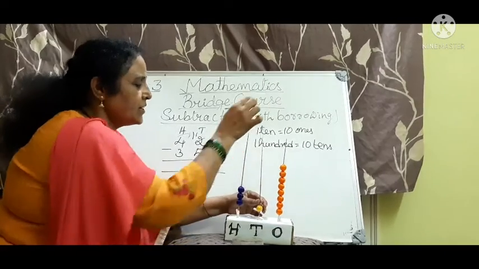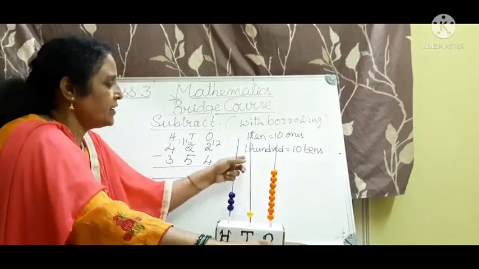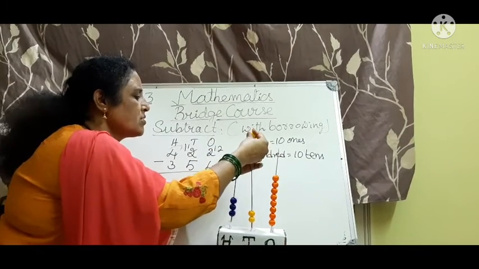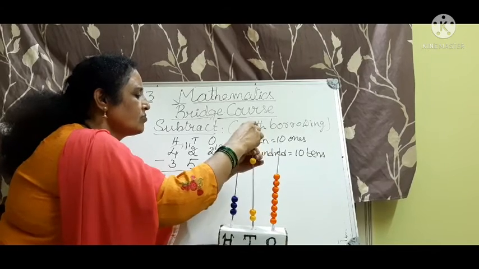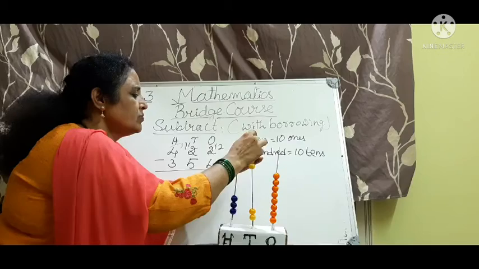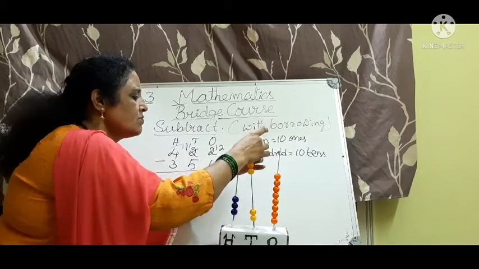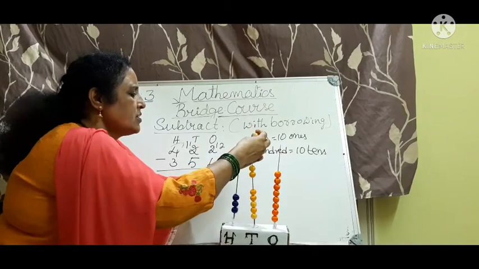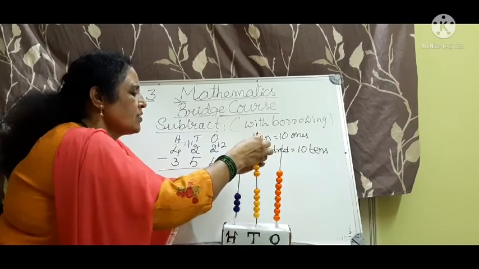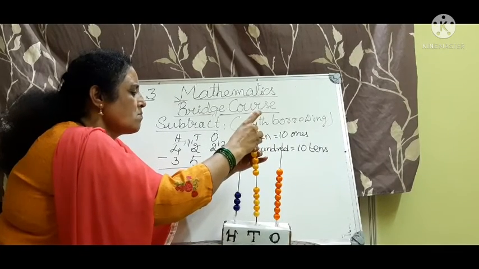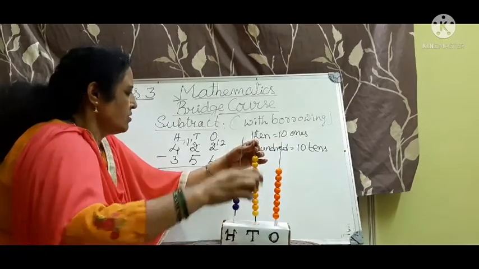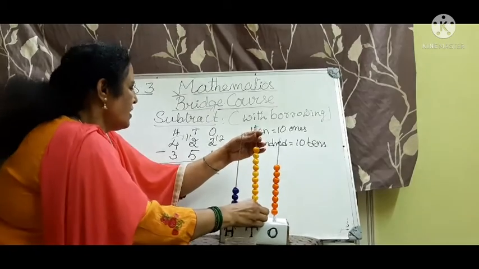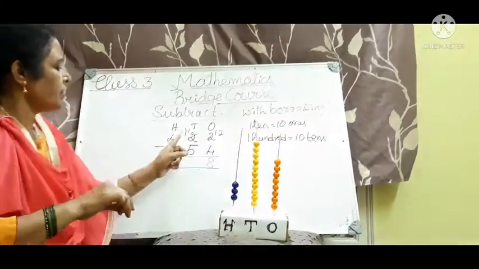Then I will convert this 100 into tens. 100 equals 10 tens. 1, 2, 3, 4, 5, 6, 7, 8, 9, 10. That is 10 plus 1, 11.